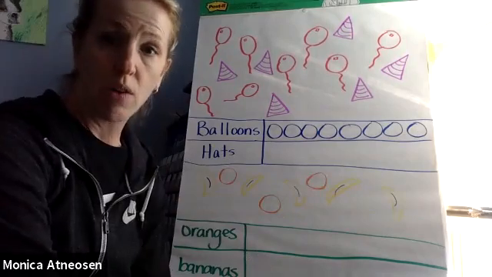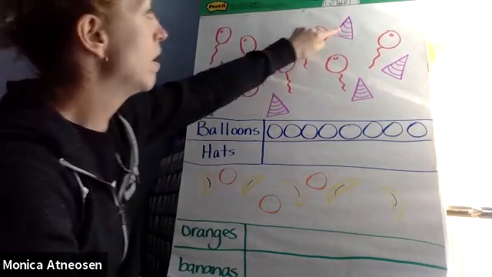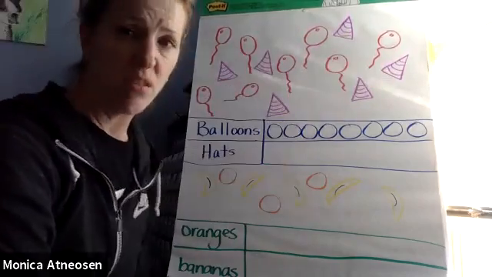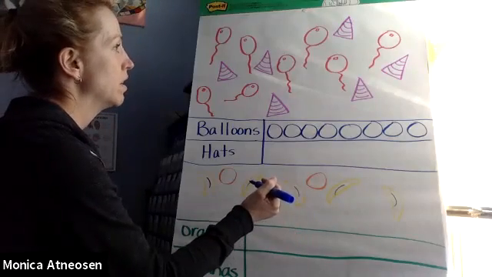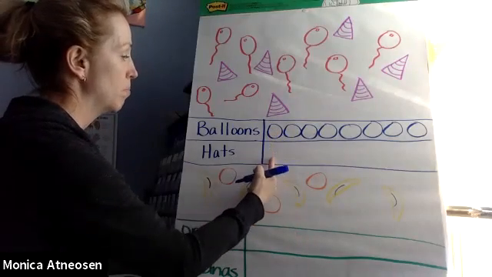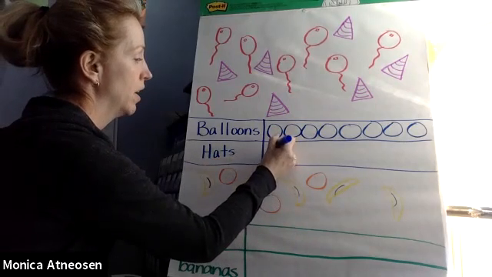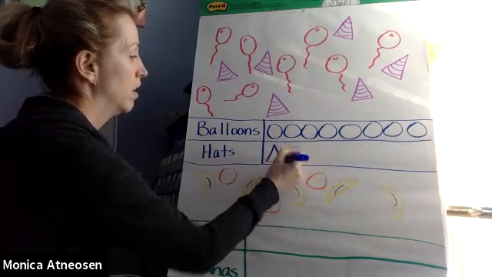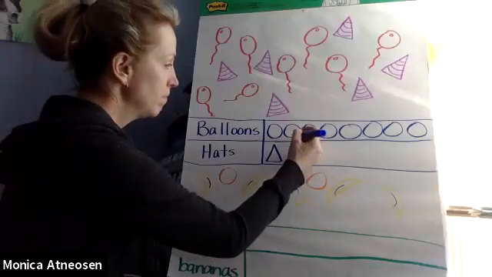Now I'm going to count the party hats. There are 1, 2, 3, 4, 5, 6. And those are pretty much just the shape of a triangle. So I need 6 of those. And I'm going to go right below in the place where the hats belong and draw a triangle the same size as the circle. And I'll show you why.